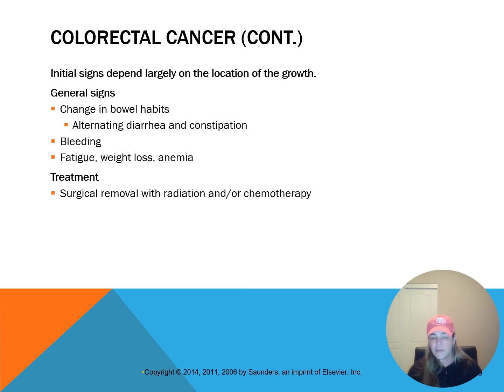Initial signs depend on where the cancer is occurring. Changes in bowel habits, alternating diarrhea and constipation, bleeding, fatigue, weight loss, anemia. Those are all symptoms of colorectal cancer. Treatment would include surgical removal, radiation, and or chemotherapy, a combination of one or all three of those to treat the cancer.